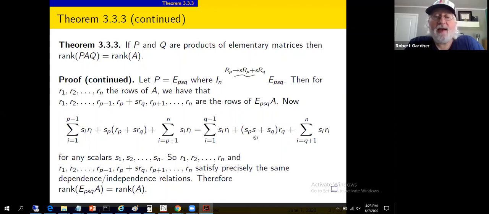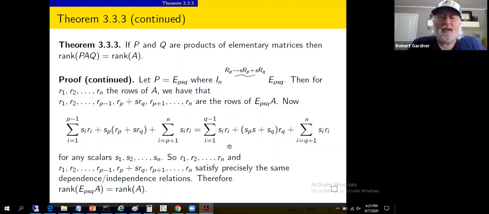So we've got this collection of vectors, where the modified pth vector is linearly dependent if and only if this collection of row vectors, the row vectors in matrix A, are linearly dependent or independent. So it's the same dependence-independence relation. It's the same thing we had above.